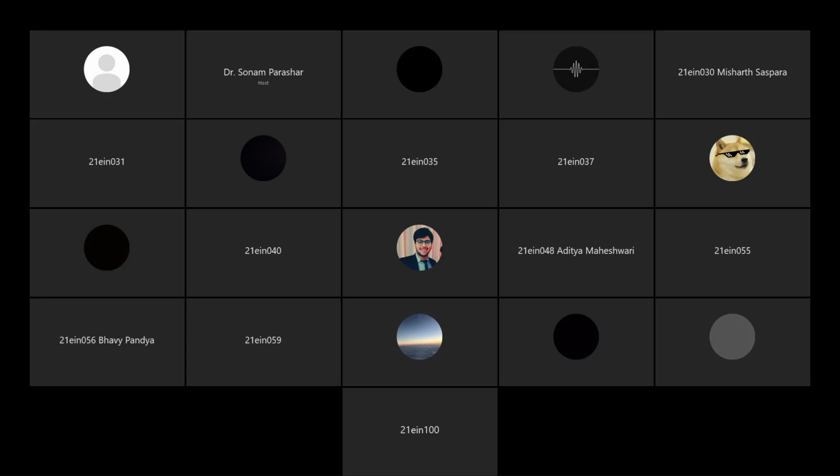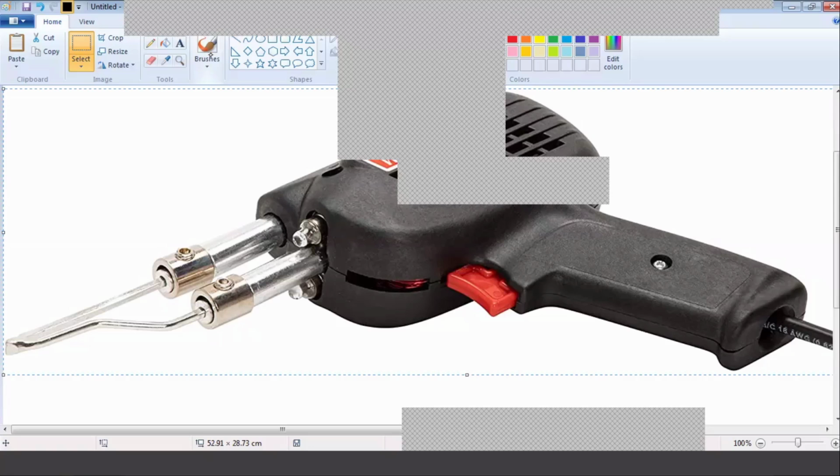Another type of machine to do soldering is the soldering gun. Okay, soldering gun. Its shape is like a pistol. This is the soldering gun, right?